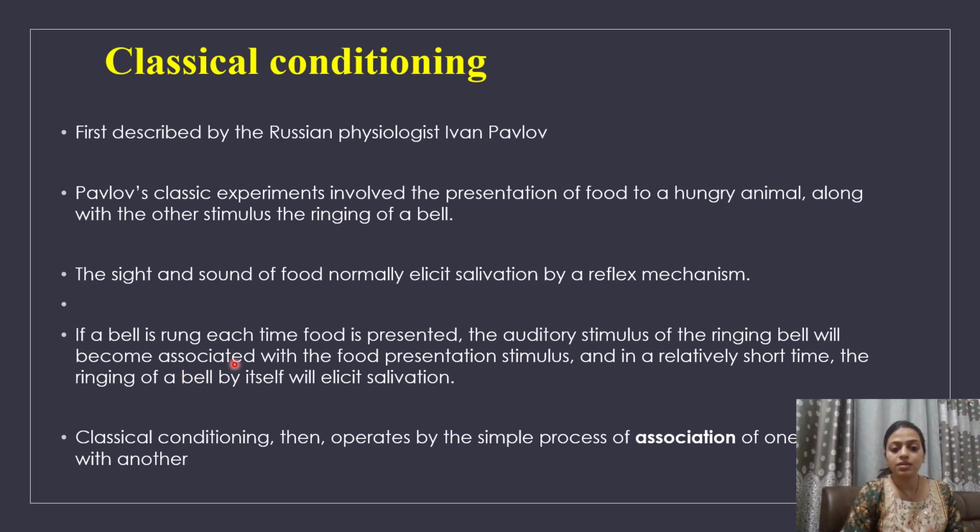If the bell is rung each time the food is presented, the auditory stimulus of the ringing bell will become associated with the food presentation stimulus. In a relatively short time, the ringing of the bell by itself will elicit salivation. So classical conditioning operates by the simple process of association of one stimulus with the other.